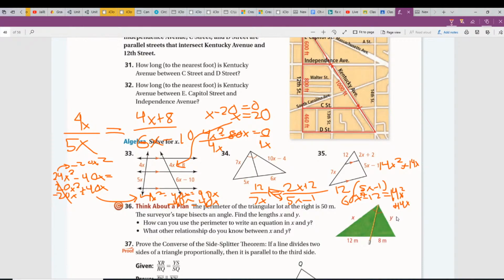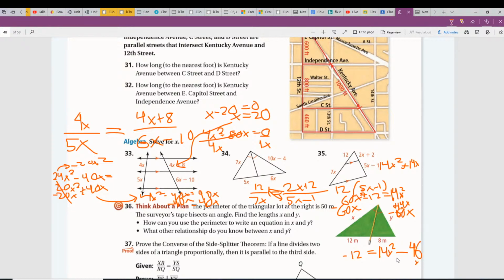So what can we do here? Okay, so I'll subtract 60x from both sides, and I'll end up with negative 12 is equal to 14x squared, 14 minus 60 would be minus 46x.